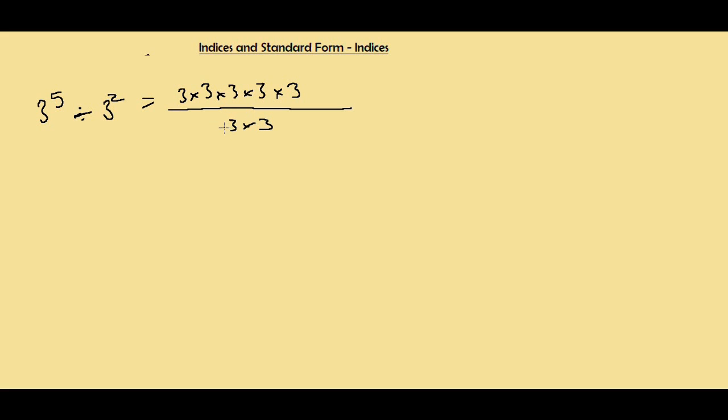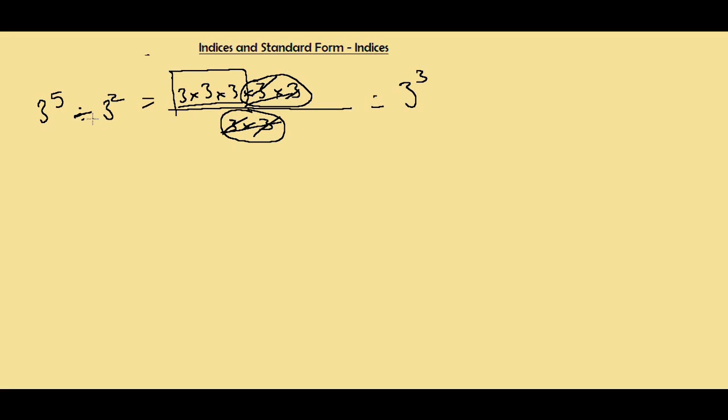Now, these 3's cancel from the top and the bottom because we're multiplying. This is all one multiplication, this is all one multiplication. So it's like saying 3 times 3 times 3, and then we've got this extra times 3 times 3, but then we're going to divide by that 3 times 3 as well, so they just cancel off. And then what we have left is 3 to the power of 3, because that's what we've got left here. So 3 to the power of 3.